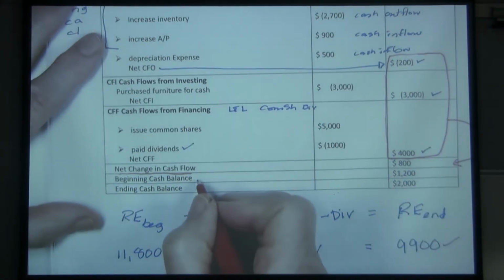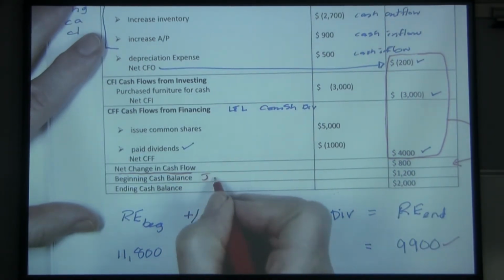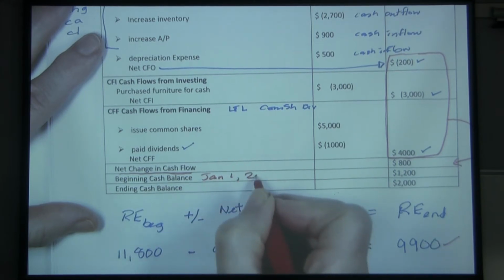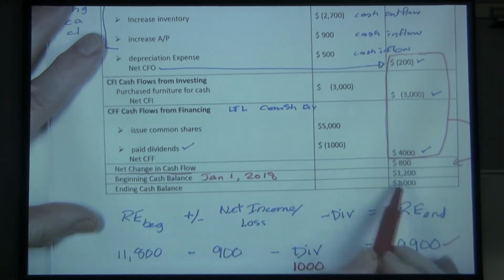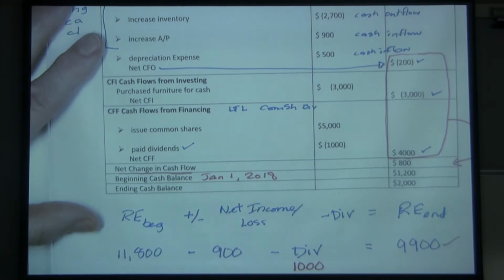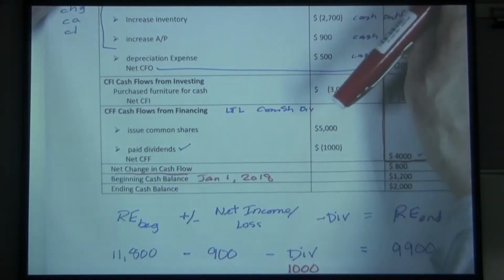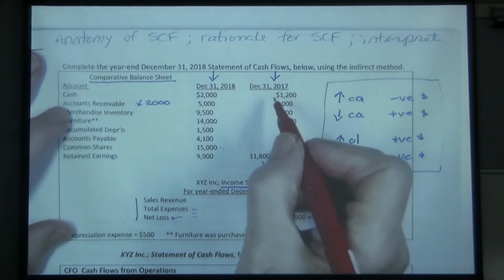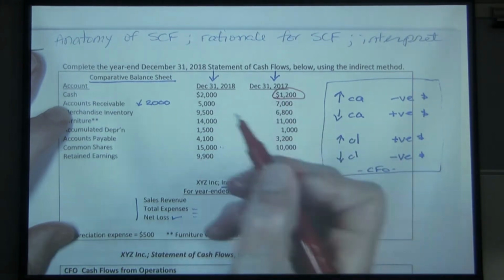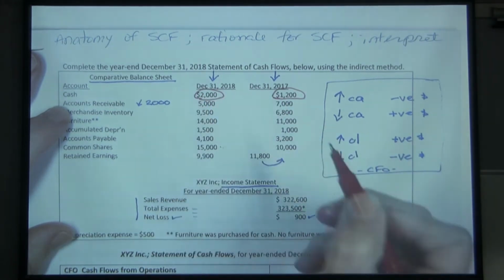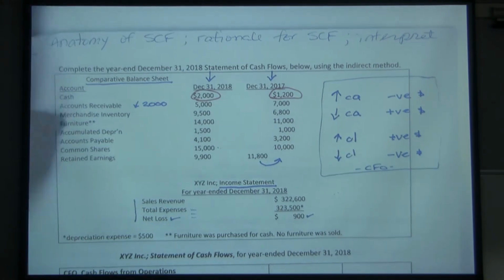What's the beginning cash balance? This is beginning as in January 1st, 2018. To get this amount, we go back to our comparative balance sheets. And we have our beginning cash balance and our ending cash balance. Beginning is $1,200.